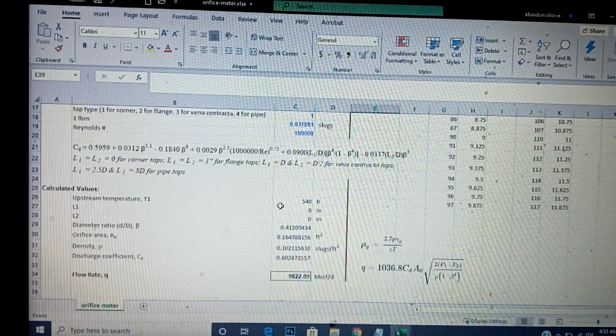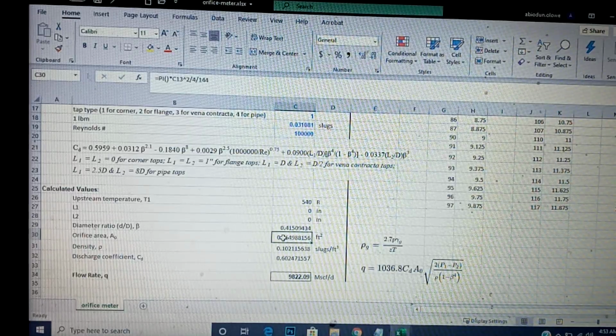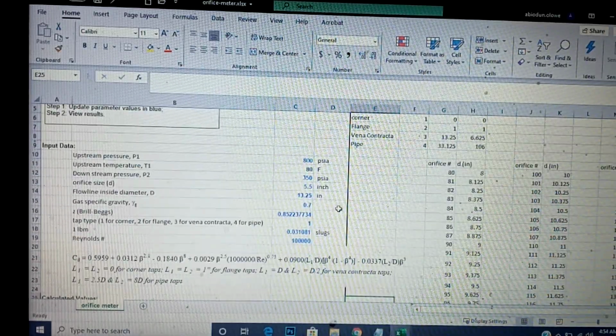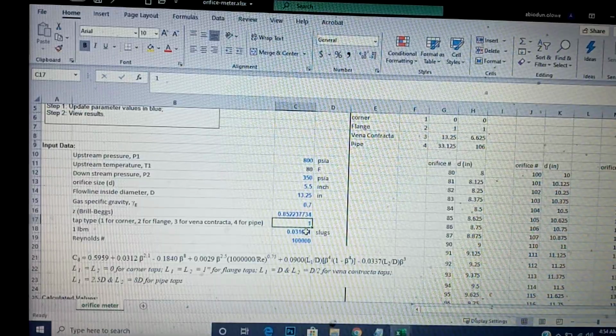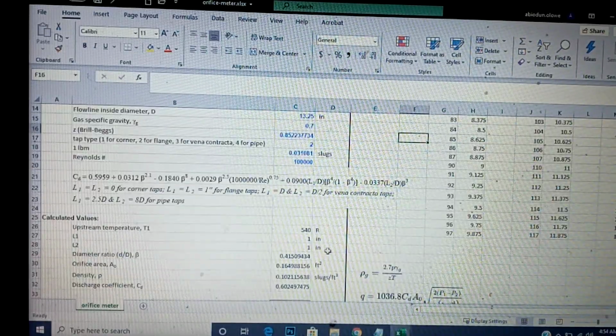Now let's try flange. Just make sure I get everything right. Okay, so let's try flange. I change this to 2. L1 should be 1 1 there. 1 1.